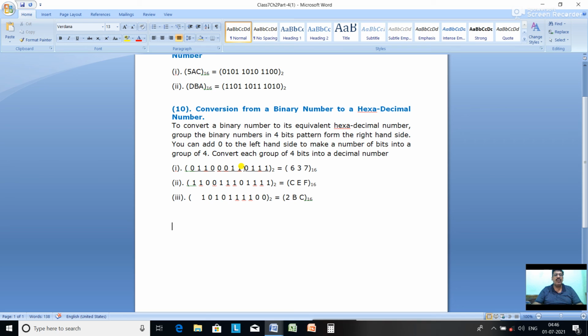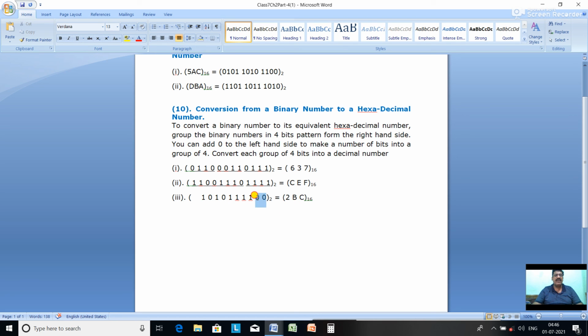Then 0011, it is 3. 0111, 7. The same way, next 4 bits, second group, again the last 4. It is already 4, so nothing to do. The 1100 C, 1110 E, and 1111 F.